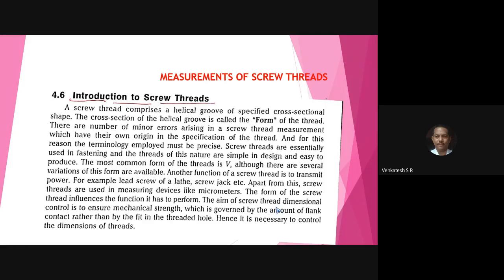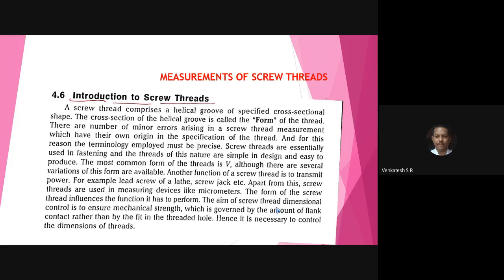We mention the uppercase letter M along with the major diameter, that is M18, M20, or M30. M30 means M is metric, and the major diameter of the screw thread is 30 millimeters.